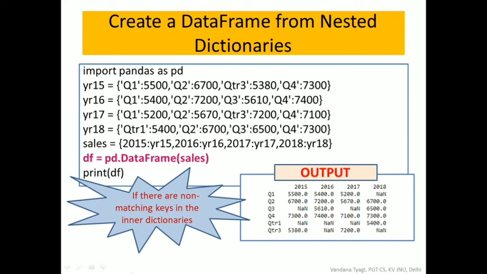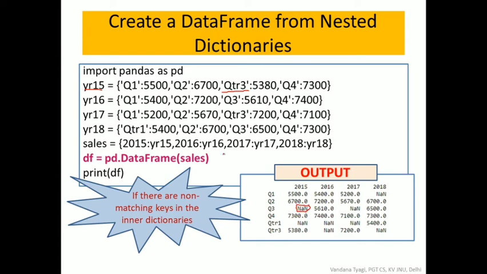And if you see which values are missing for a row, this QTR3 is only defined in year 15. So in 2015 only the QTR3 value is there, so QTR3 comes up with my first 2015 dictionary. So the entry is there, but there is no entry in Q3, so this Q3 is automatically replaced by NaN.